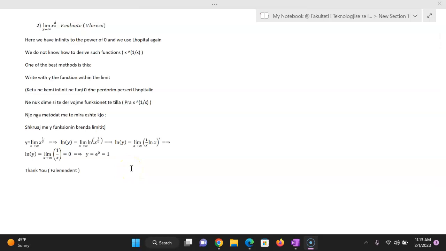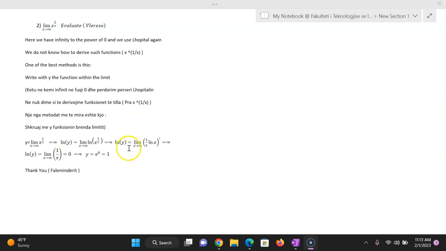Then we have to take the natural log of both sides, and we end up with the natural log of y is equal to the limit when x approaches infinity of the natural log of x to the power 1 over x. Then the natural log of y is equal to the limit when x approaches infinity of ln of x over x.